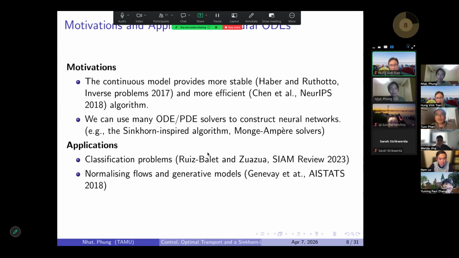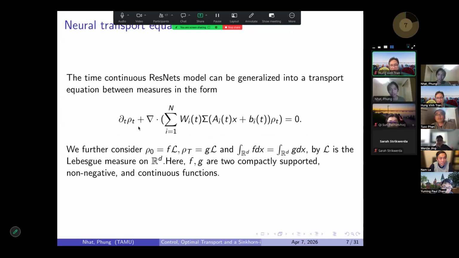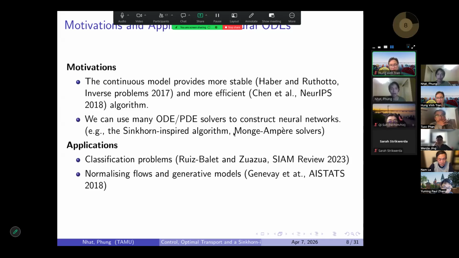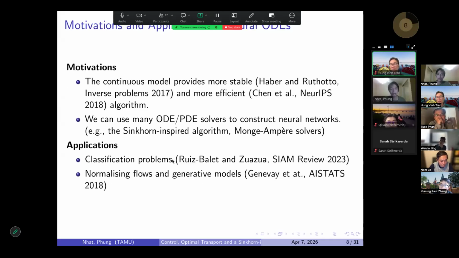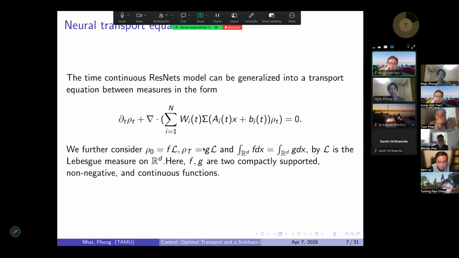So it's a little bit different, but the equation here has the same form. That was one of the motivations for our work. And for the continuous setting here, it is usually used for normalizing flows and for generative models. They usually start from maybe a Gaussian distribution, and then they try to generate a new one. They try to come up with a destination that looks similar.